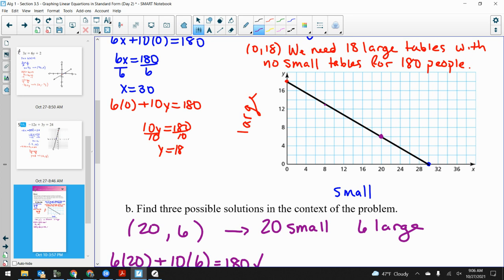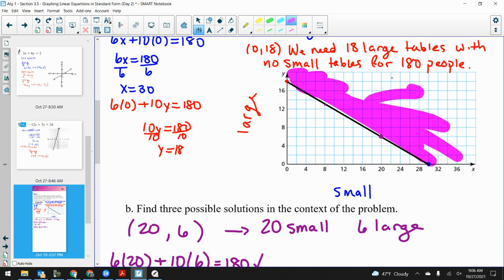If I choose to say I want greater than or equal to 180 people, once I change it into an inequality, now we won't get to this till next chapter, it actually becomes not just a line, but a shaded region. And the region would be all of the solutions. And that point, 8, 14 is actually in that region, so it would work. So we're kind of jumping ahead a little bit.